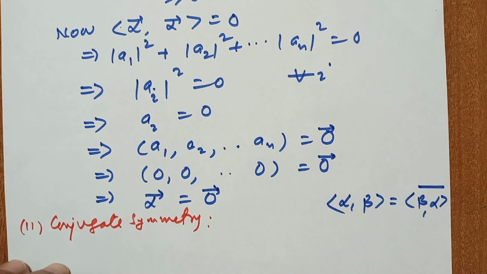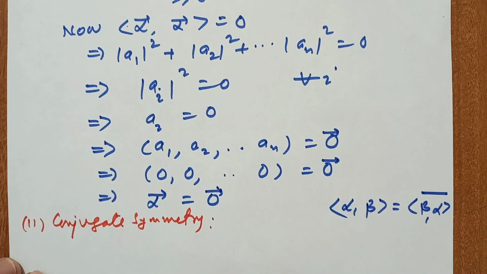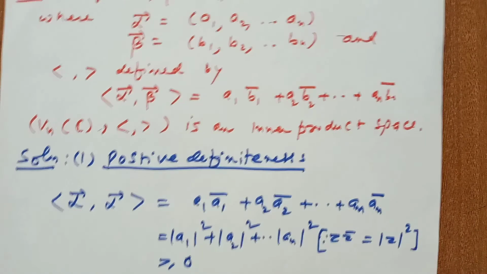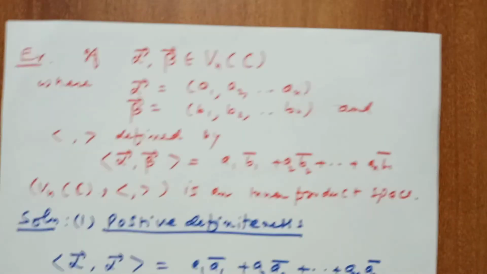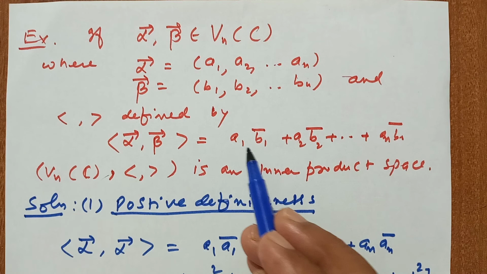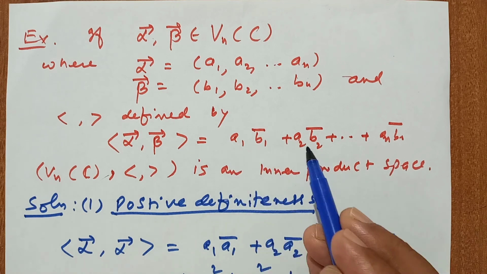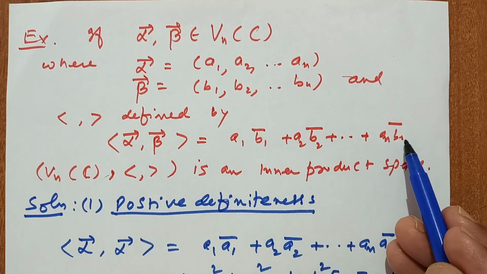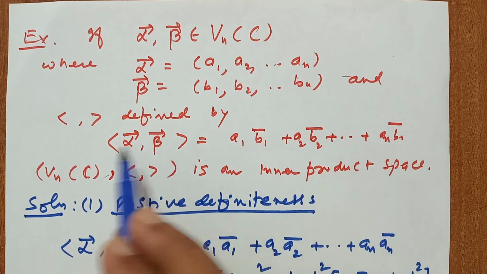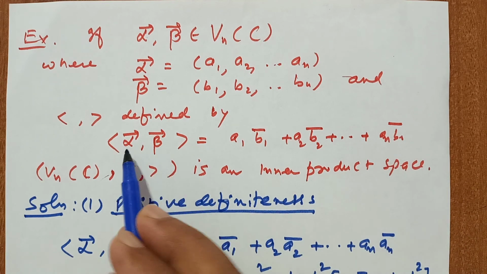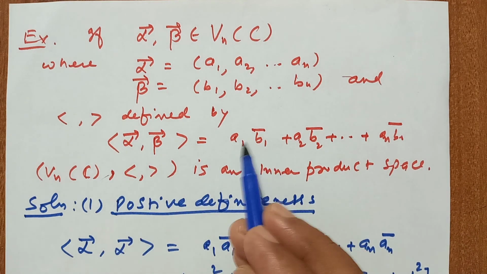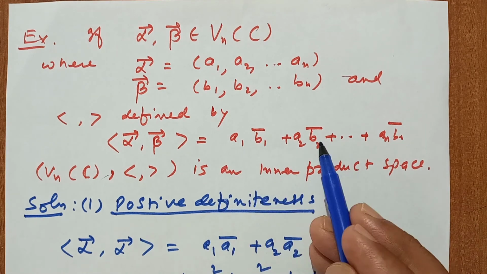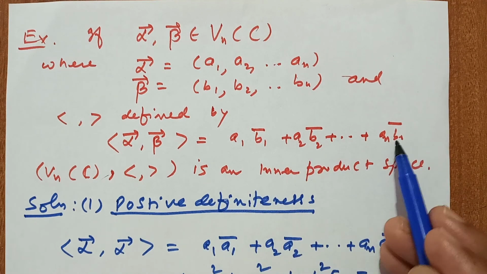So now we calculate the conjugate of inner product of beta, alpha and we have to show this. Since inner product of alpha, beta is a1 b1 bar plus a2 b2 bar plus up to an bn bar, first we calculate beta, alpha. So beta, alpha means this will change to b1 a1 bar plus b2 a2 bar plus bn an bar.